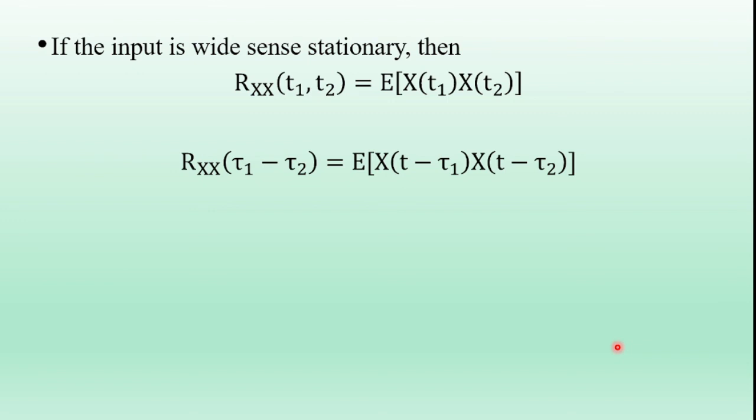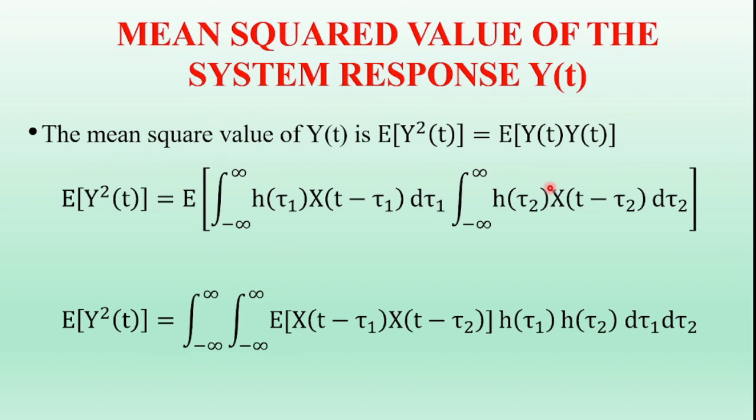So Rxx of tau 1 minus tau 2 is equal to expectation of x of t minus tau 1 into x of t minus tau 2. On the RHS, using the definition of the autocorrelation function of the random process, this expectation is written as Rxx of tau 1 minus tau 2.